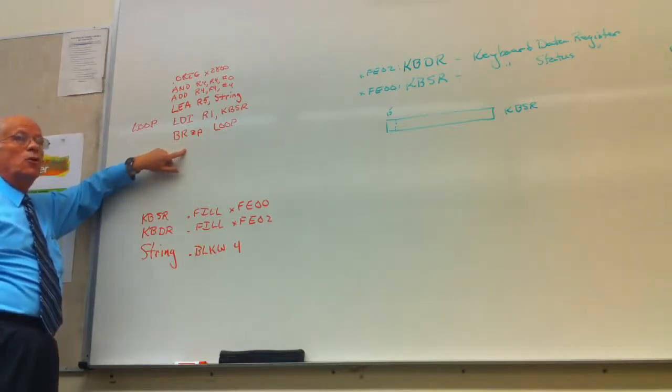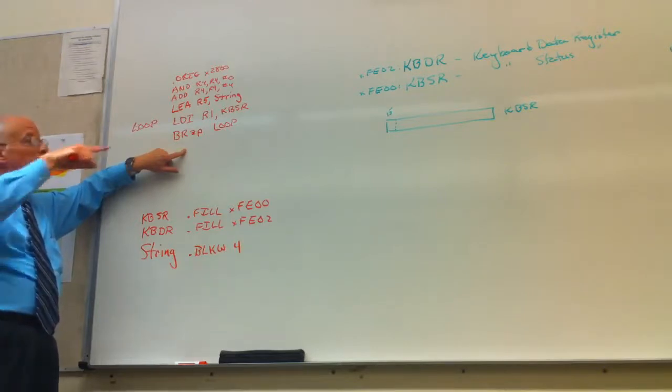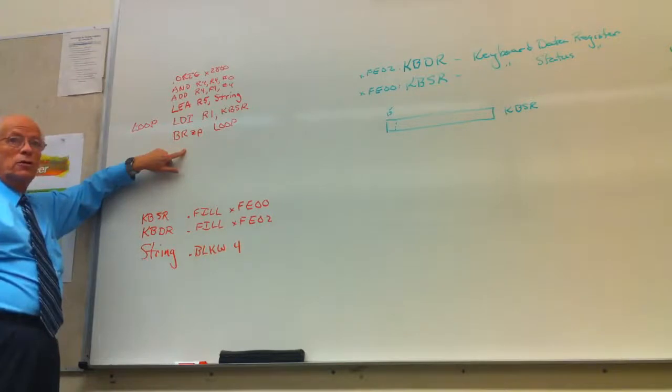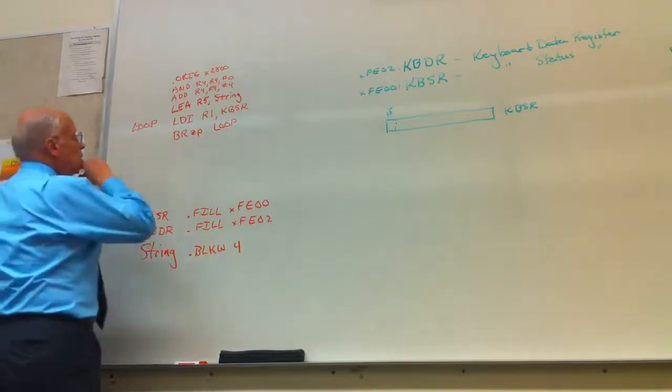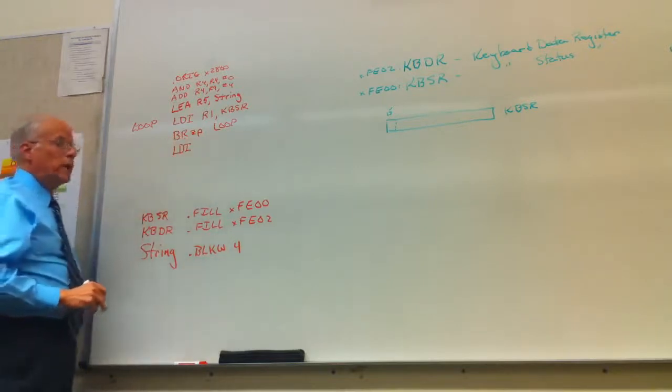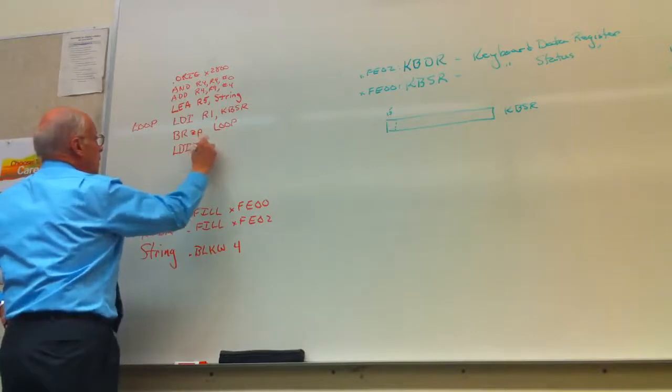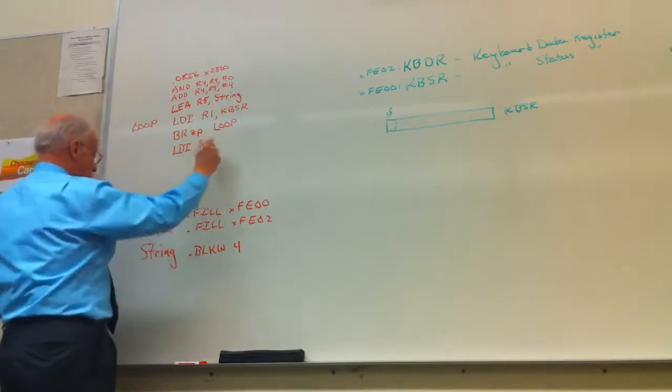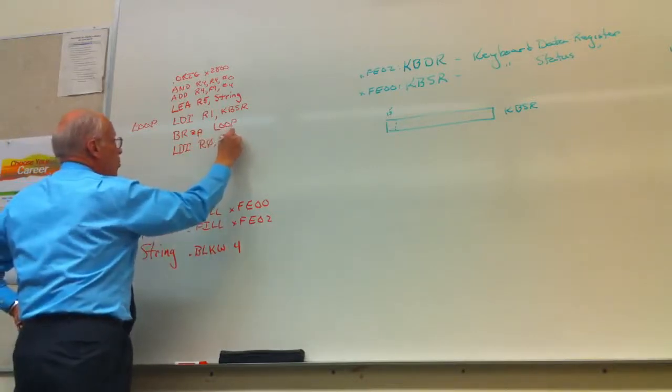Now, what do I want to do on the next instruction? Well, I want to get that character out of the data register, so I will load indirect register 0 from the keyboard.